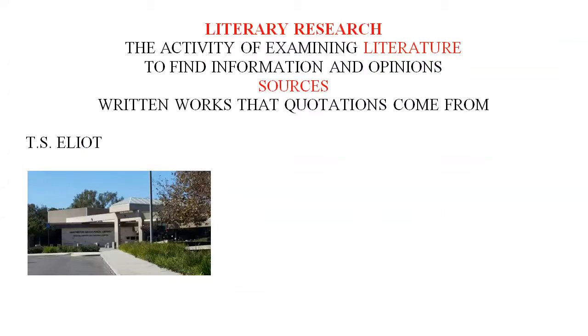As you take more classes, you'll do a lot of it, and you can also apply it to many other areas of your life. The skills that you develop as you do more literary research are skills that you can use in many areas, professionally and academically. And of course, as always, thank you for your time and attention.